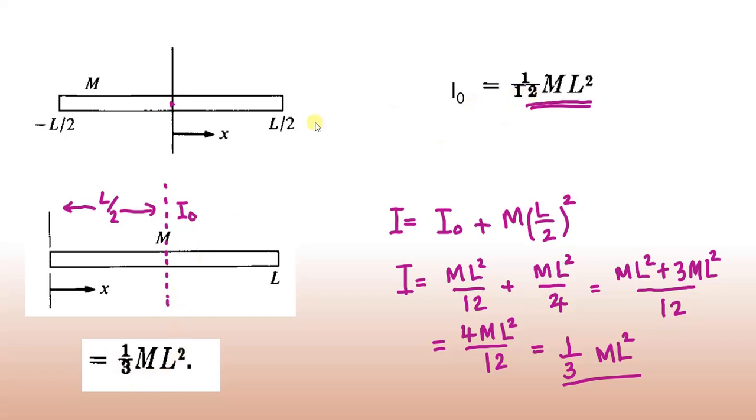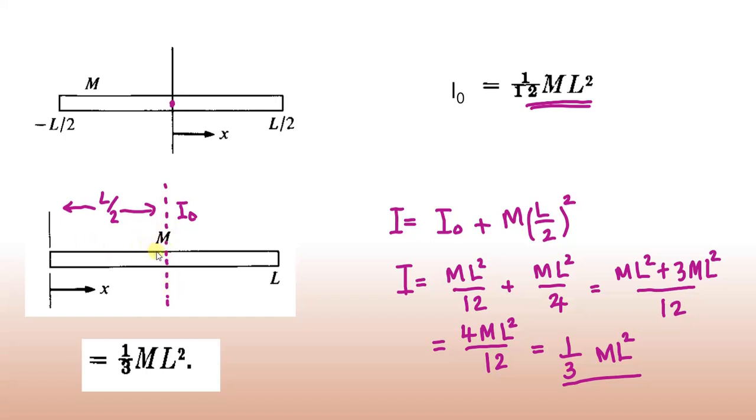Now, the axis passing through the center is the axis passing through the center of mass. If we know the moment of inertia about the center of mass, we can calculate the moment of inertia of the body about another parallel axis, the one passing through the end but perpendicular to the length.